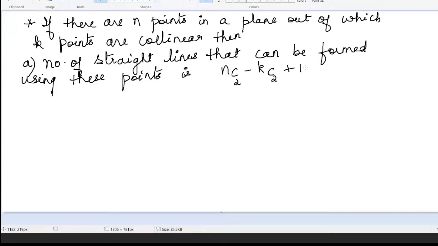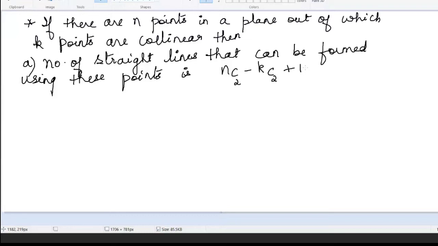To get a line, I want 2 points, so NC2 gives me lines. But I don't want those which are collinear, so I subtract. Suppose 5 points are collinear, those lines which are already there, I subtract 5C2.